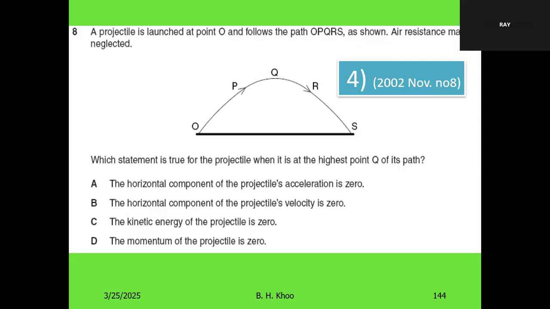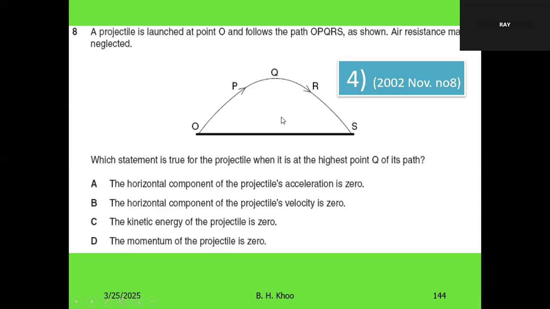How about this one? A projectile is launched at O. That's your O. Follows the path O, P, Q, R, S. As shown, air resistance is neglected. Which statement is true for the projectile when it's at the highest point Q?